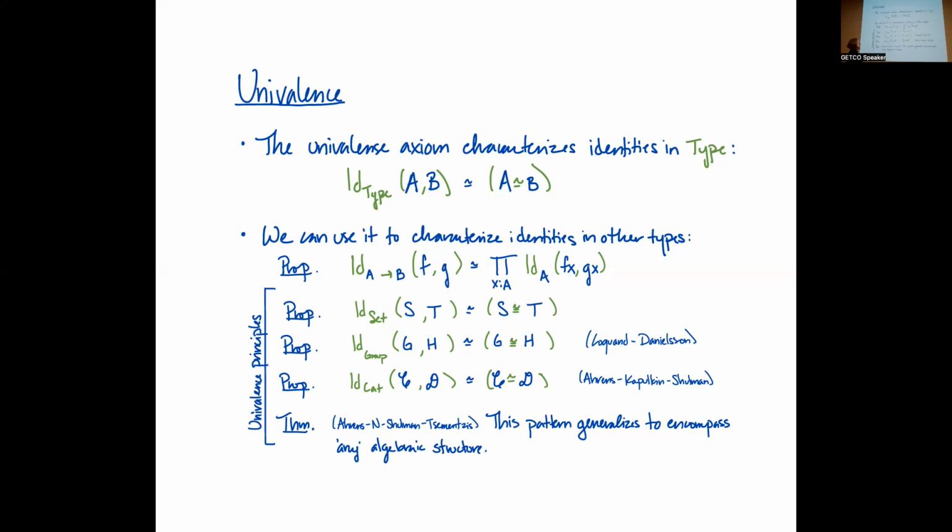And then recent work by some co-authors and me, in this work, we showed that this pattern we can generalize really to any algebraic structure, where of course we define what any means. And we might call these kinds of things equivalence principles.